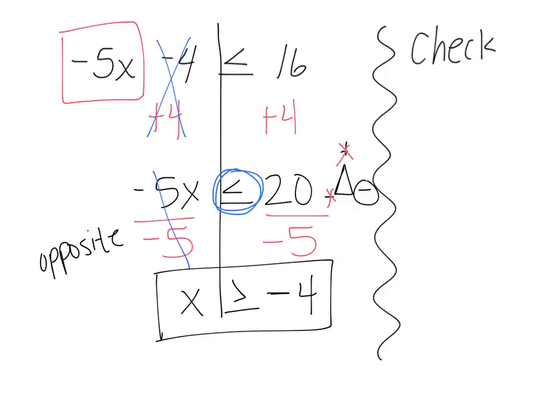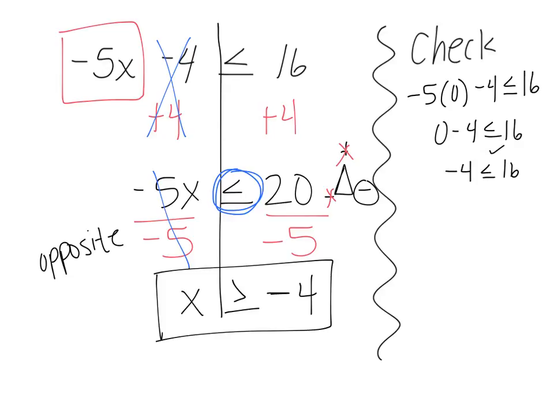Everywhere I see an x, I'm going to plug in a 0. So negative 5 times 0 minus 4 is less than or equal to 16. Let's see if that works. Negative 5 times 0 is 0, minus 4 is negative 4, which is less than or equal to 16.